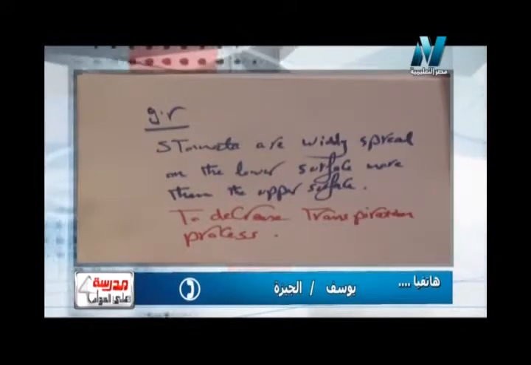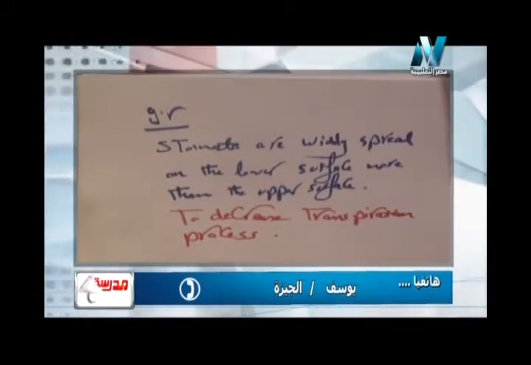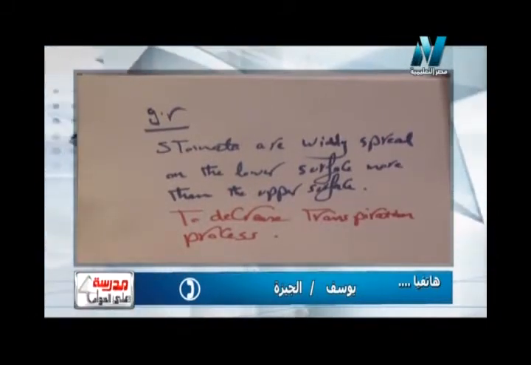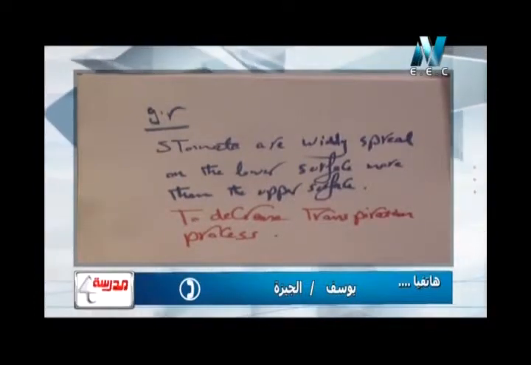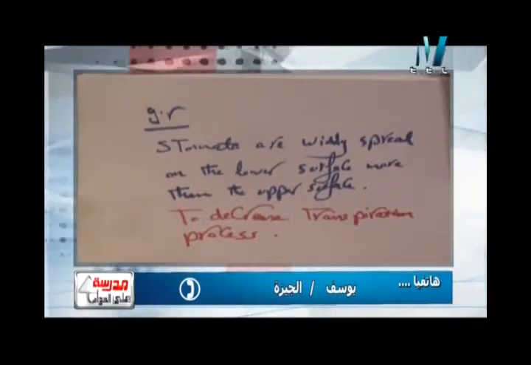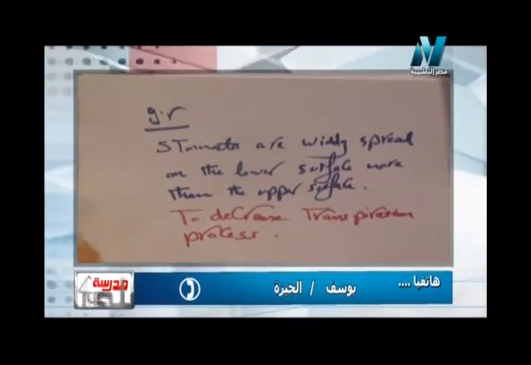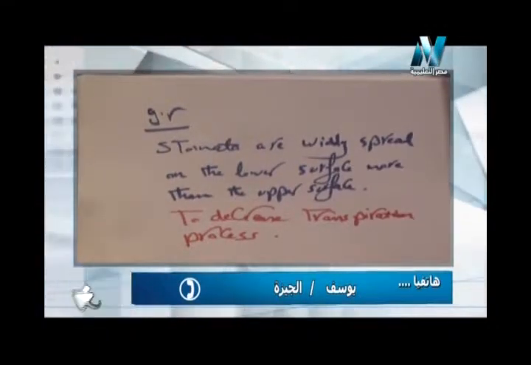Again, stomata are widespread on the lower surface of the plant leaf to decrease transpiration process or to save water for the plant. Because if the stomata are found in large number on the upper surface, the plant surely will lose a large amount of water, so it will not save water for the plant.